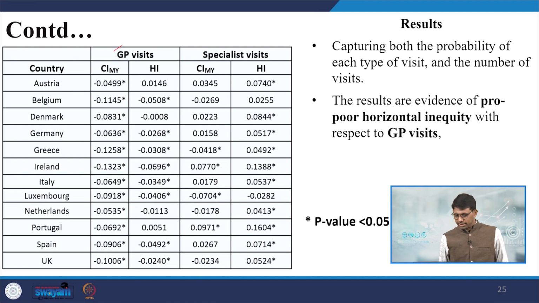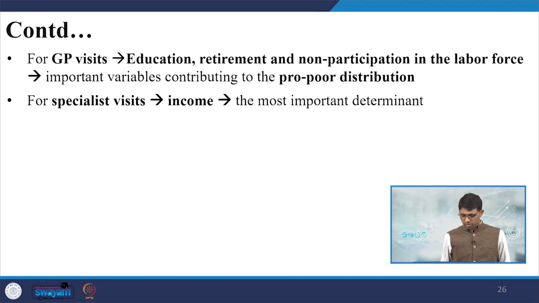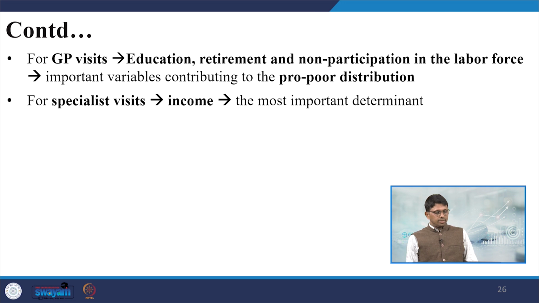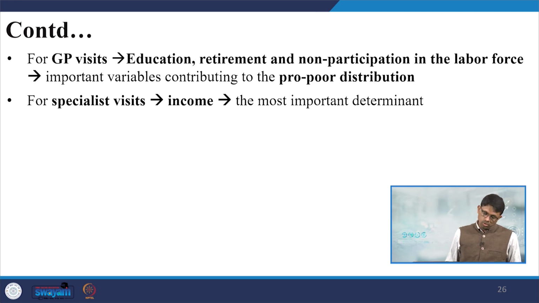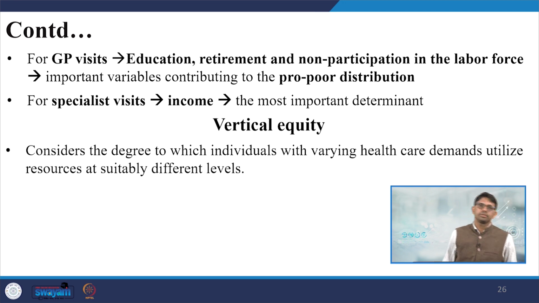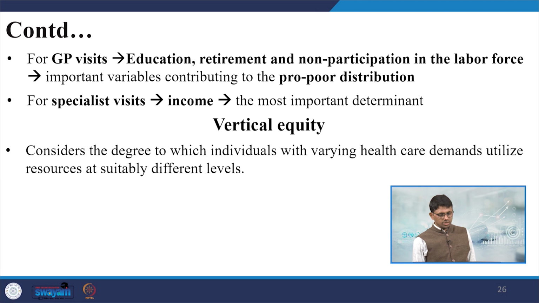So, these are all written. I think you can go through. We have already said here that for the GP visits, the roles of education and retirement, non-participation in the labor force, etc. matter, whereas for specialist visits income may matter much. Okay, we have also discussed this in the context of vertical equity.